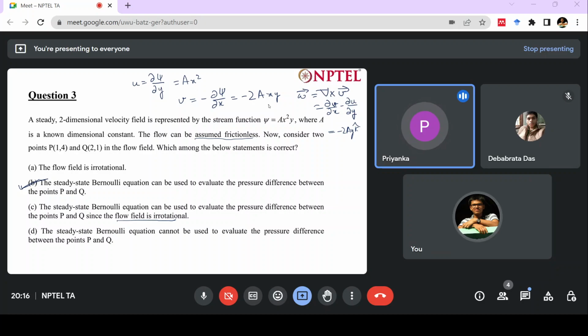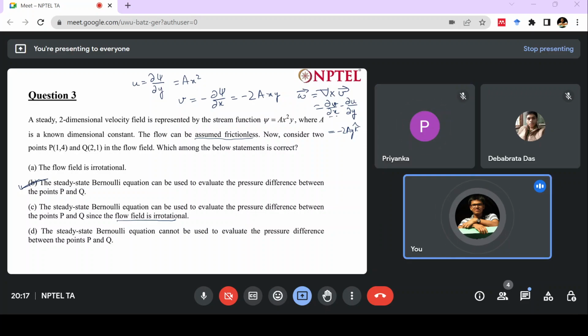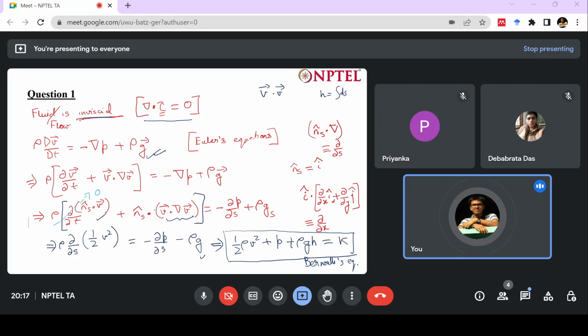Yes, sir. Since it is mentioned, that is why it is frictionless. Yes. And if it is irrotational, then you can see that if these components are zero, then it becomes irrotational as well. If it is irrotational, then you don't have to worry. Then you can apply your Bernoulli's equation. For the way we have derived it, it is along the streamline and inviscid. For irrotational flow, we can use a different kind of derivation that I'm not going through because there is not enough time here.